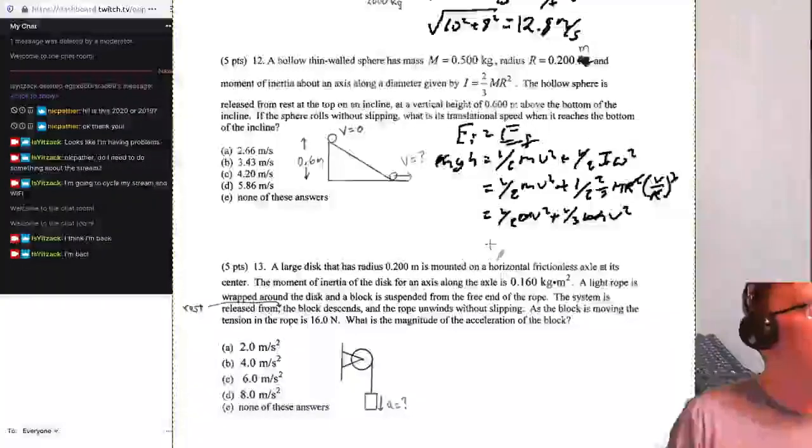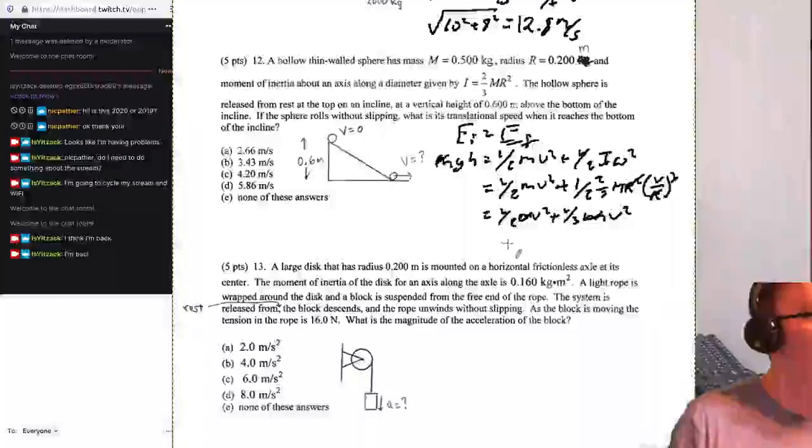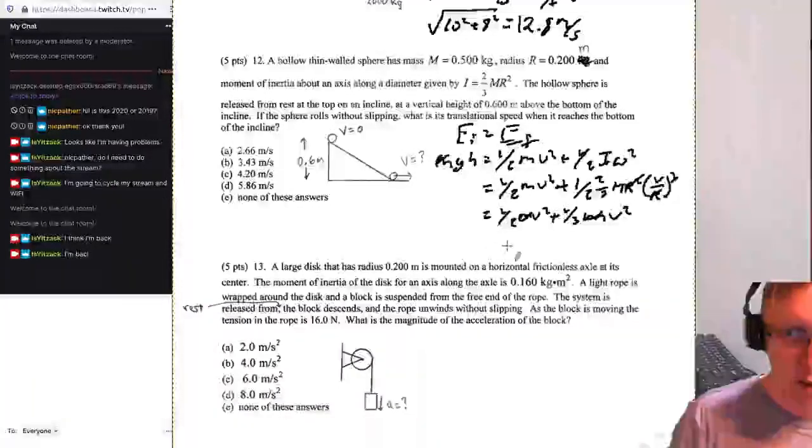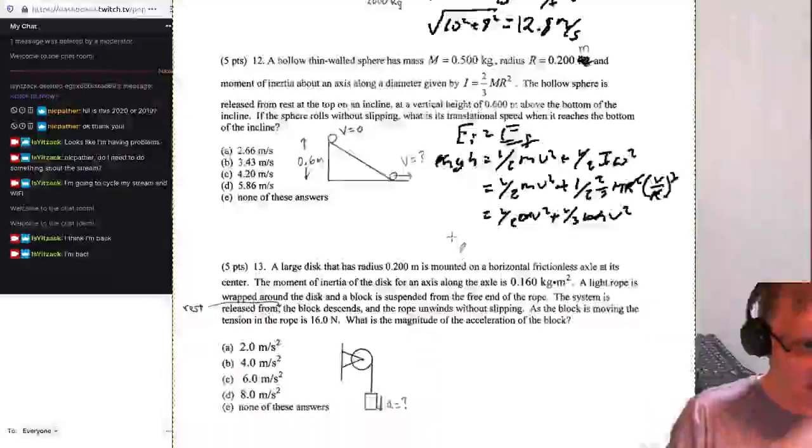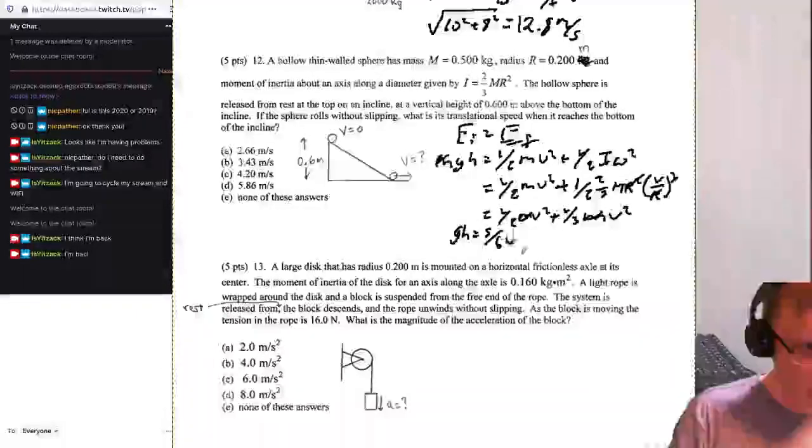1/3 plus 1/2 is... no, it's a sixth. So it's 3 plus 2 is 5/6. So that comes out to be gh is equal to 5/6 v squared.